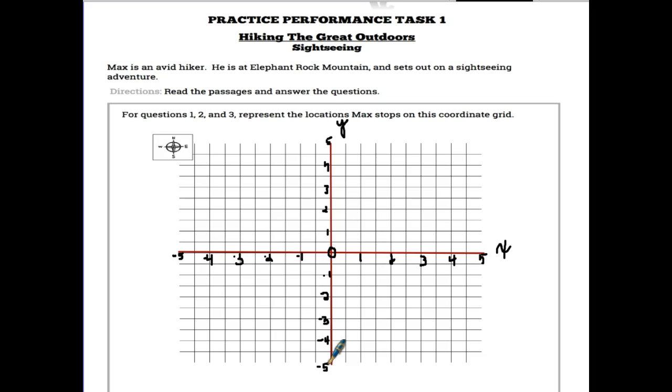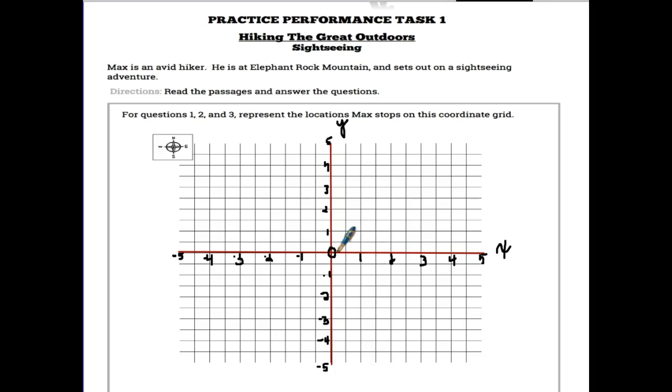And let me get my packet back out here so I can see the points that you're being given. We have Max starts out from camp at point -2, 2.